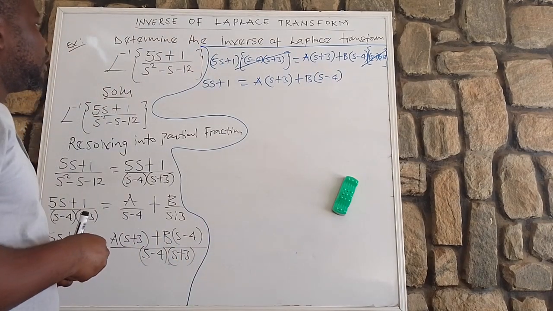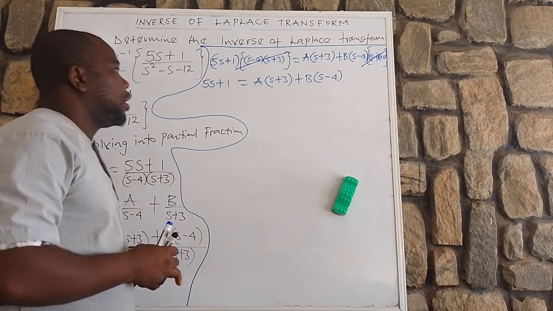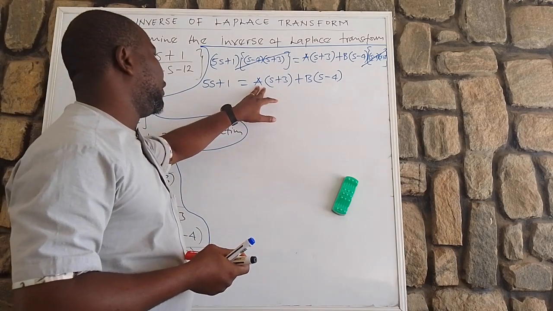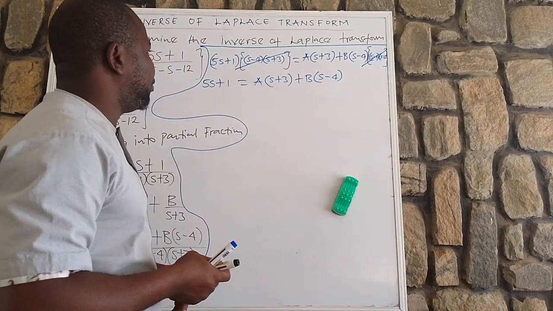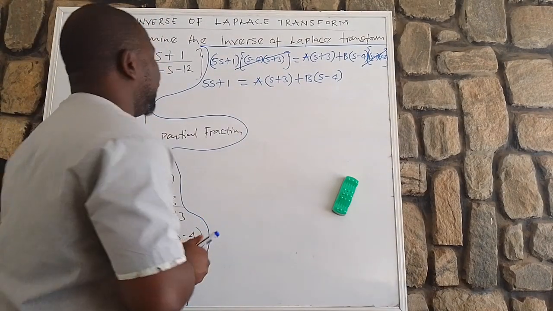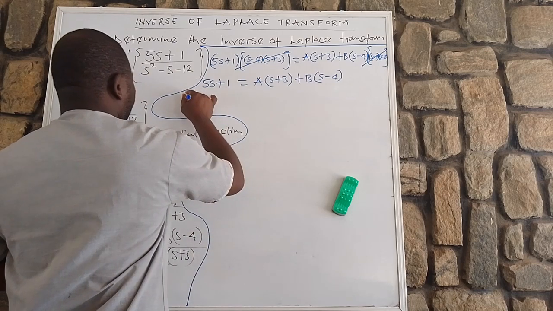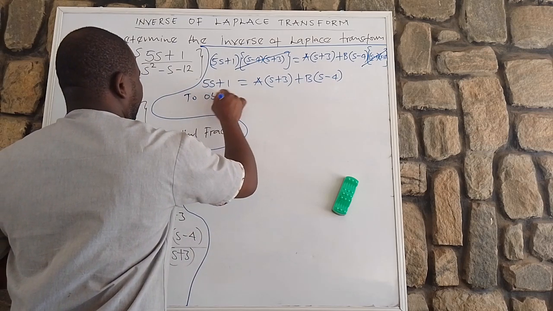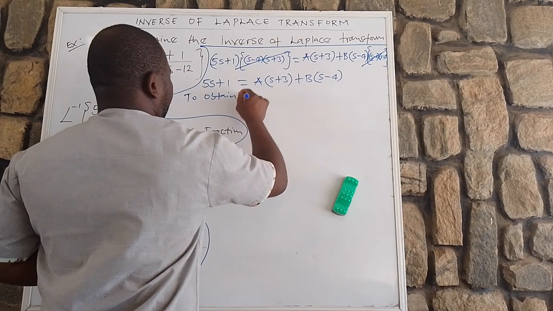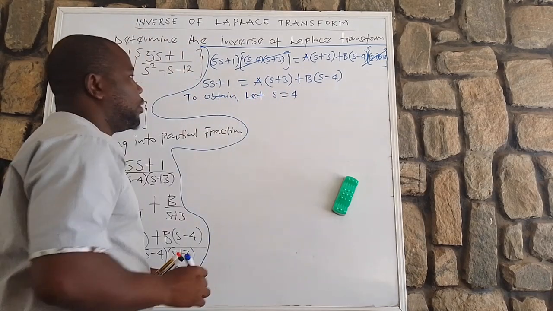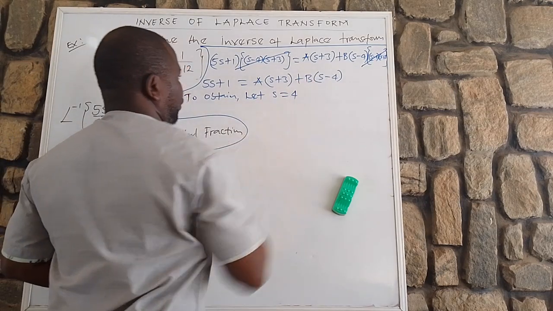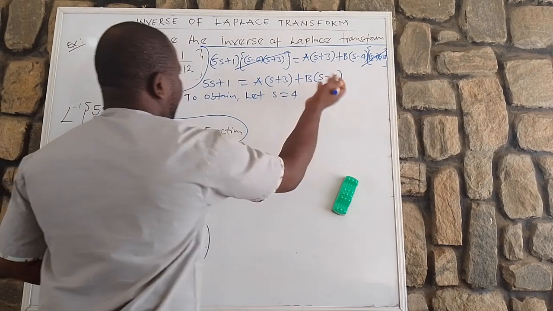At this point we need to obtain the value of A and B. How can we obtain them? To obtain A, we let s be equal to 4, because if s is 4, here will be 0, true or false. Then 0 times B is 0.